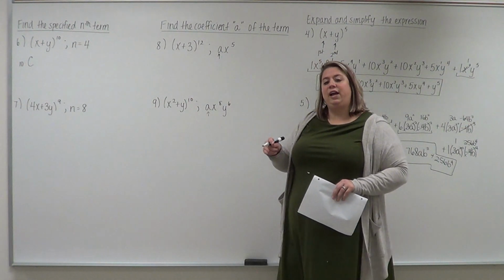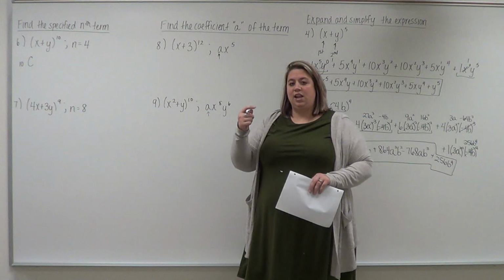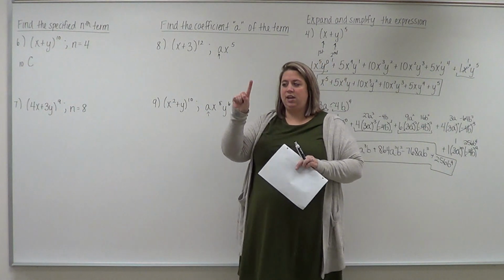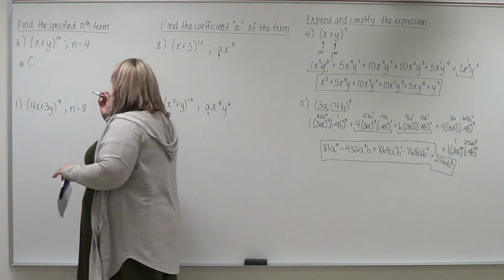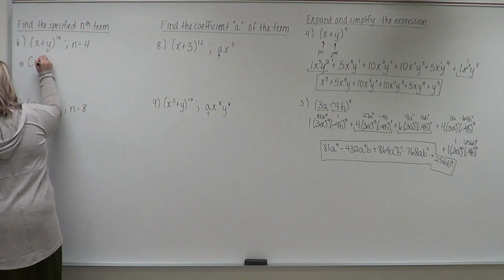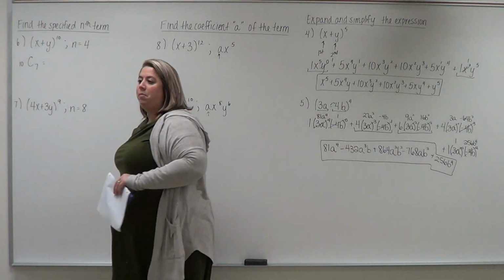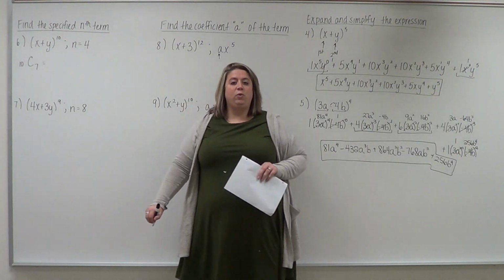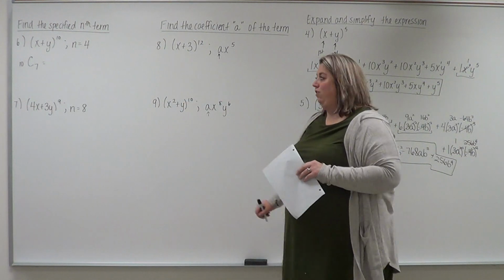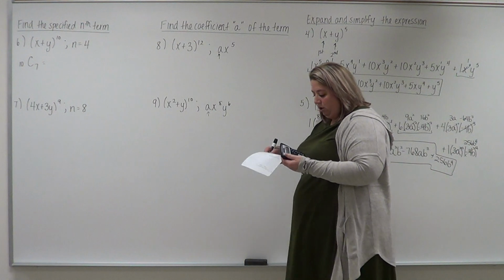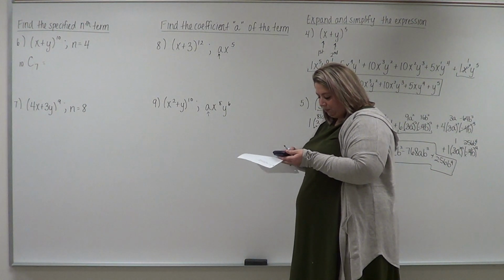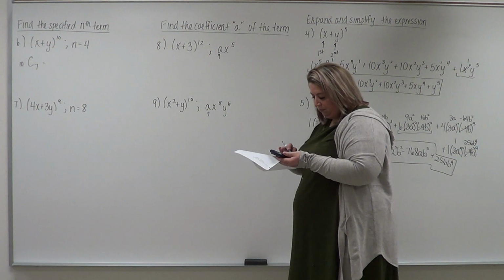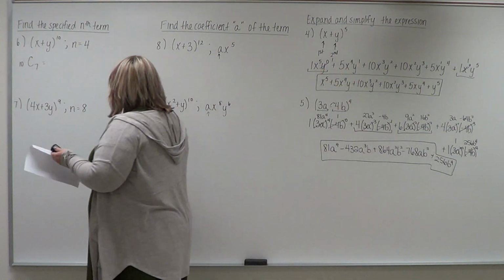So if you think of your highest exponent, you start 10, then I go to 9, so 10, 9, 8, 7. So I'm going to use 10C7. And that's going to give me my coefficient that I'm going to use instead of having to find it from Pascal's triangle. So if I do 10C7, okay, I get 120.